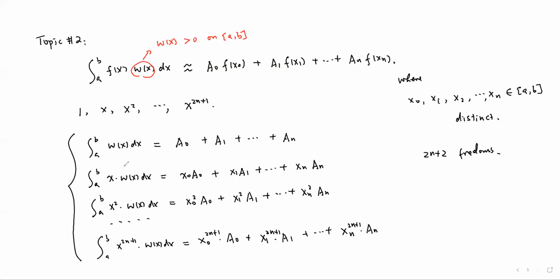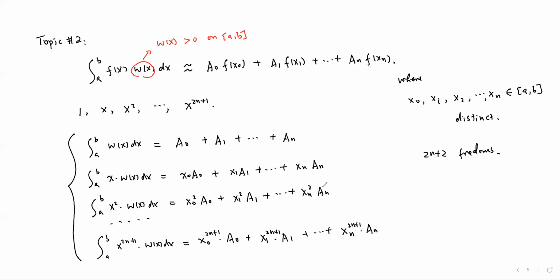Usually, the same number of equations with the same number of unknowns can determine all unknowns. Then if we solve this system, we can get the quantities A and the quantities X. Then we have Gaussian quadrature.